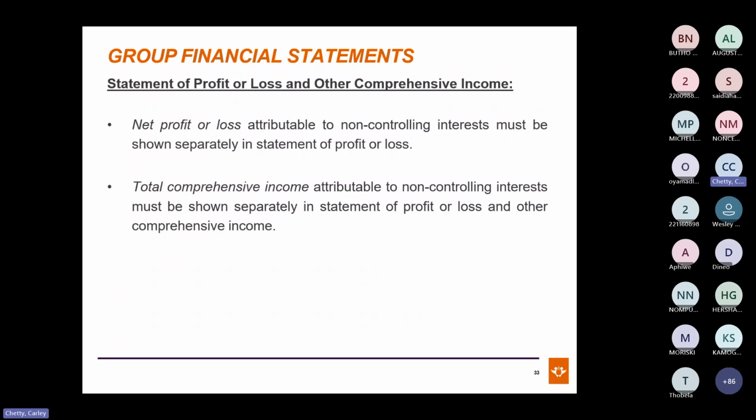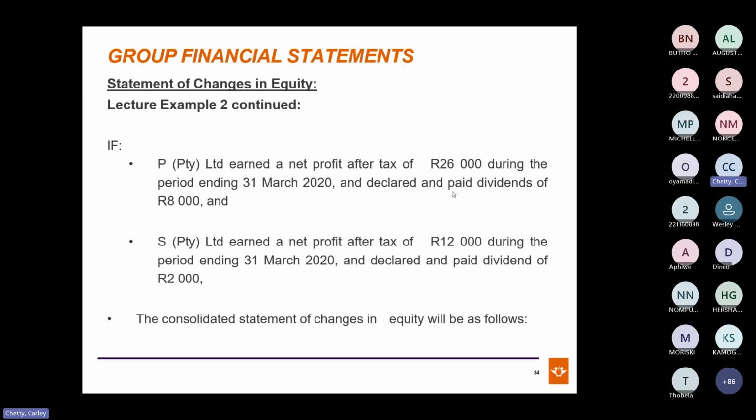The total comprehensive income attributable to the non-controlling interest must also be shown separately in the statement of profit or loss and other comprehensive income. So now we are going to look at the group statement of profit or loss and other comprehensive income. And just like we showed non-controlling interest in the consolidated statement of financial position, we are also going to show non-controlling interest in the statement of profit or loss and other comprehensive income.